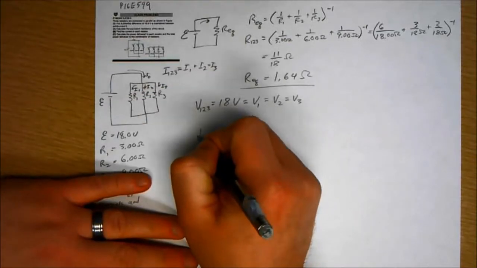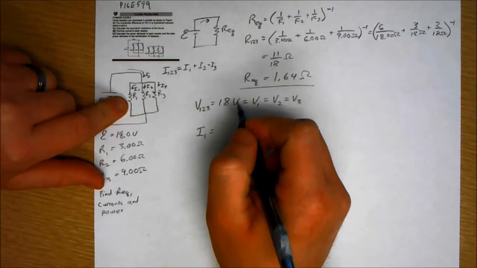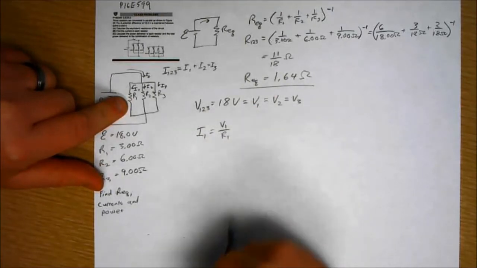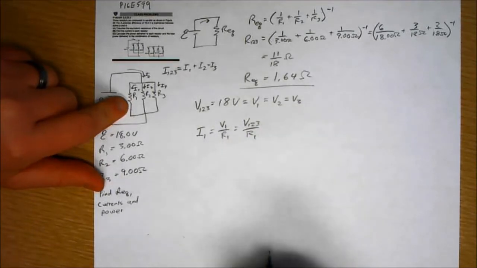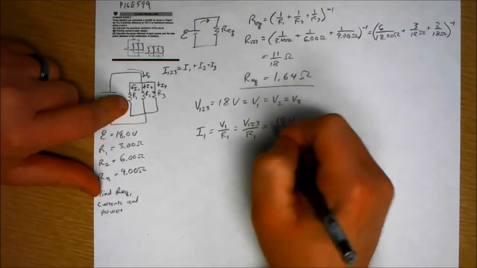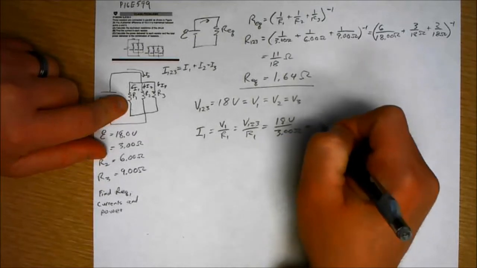So then, in order to find the current through R1, well, current is just V over R, so that's V1 over R1. Well, we know that's just V1,2,3 over R1, because all the voltages are the same. So that's 18 volts over 3 ohms, which is 6 amps.